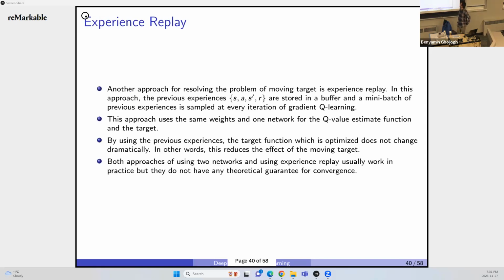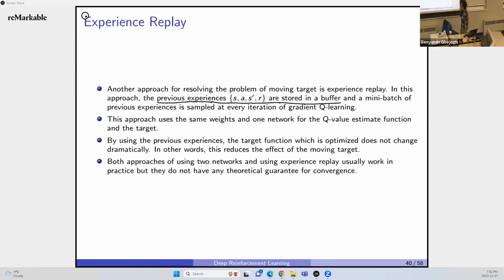Another approach to resolve this issue is this. The one approach was using two networks, one of them was the target network. The other approach is to use one network, but capture or store the previous experiences in a buffer. What are the experiences in reinforcement learning? State, action, reward, next state, right?